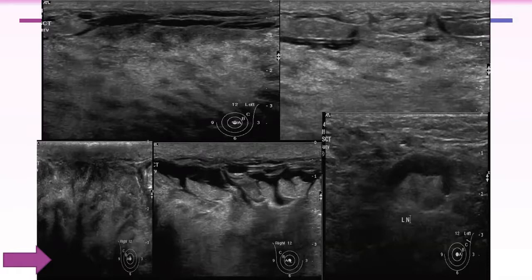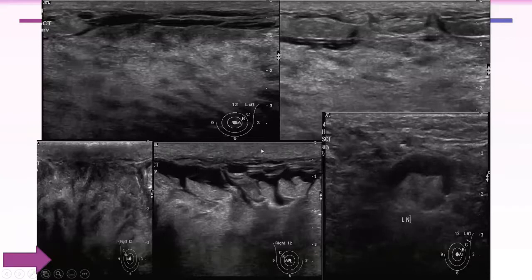What are these? What is this? We described in the case before. Okay, this here, these lymphatics.